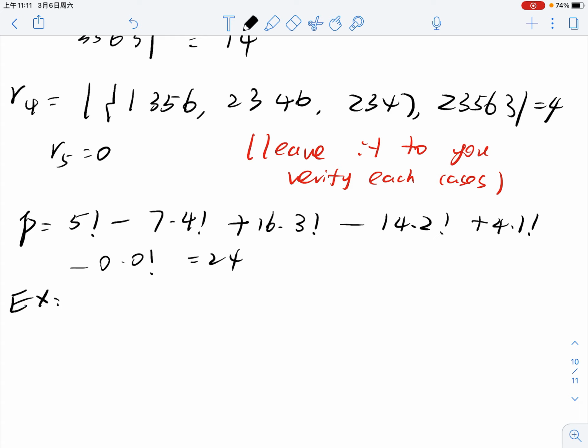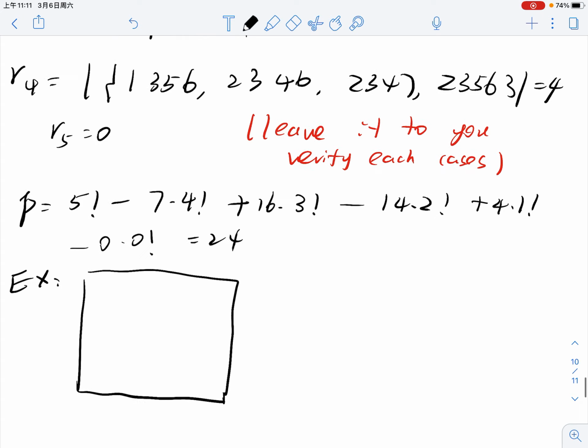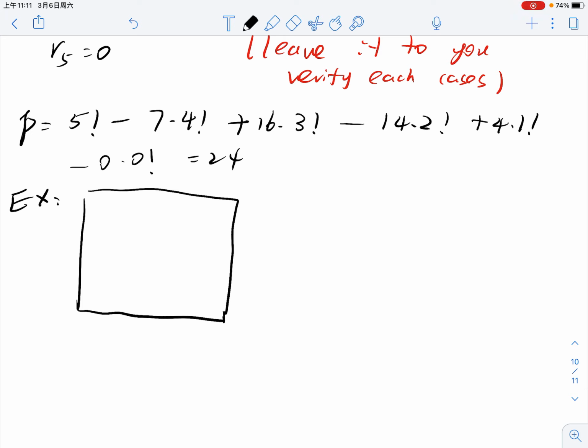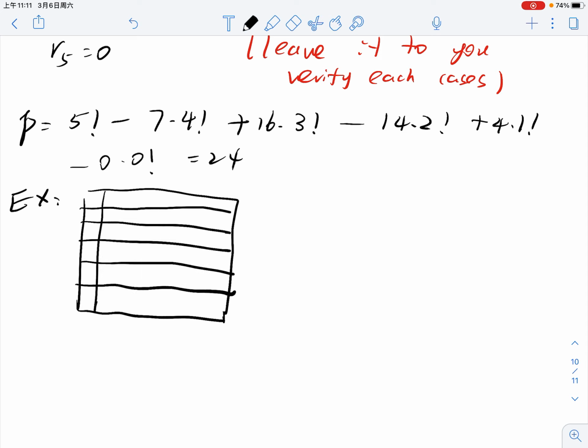And next, suppose you have a 6 times 6 chessboard, and you get rid of thicker diagonals.